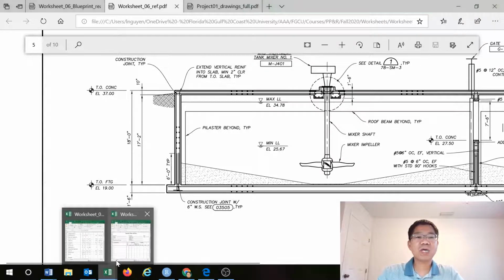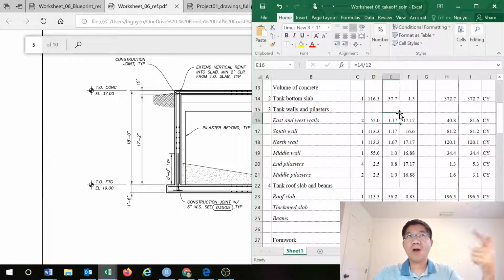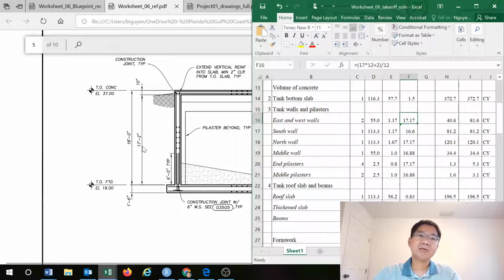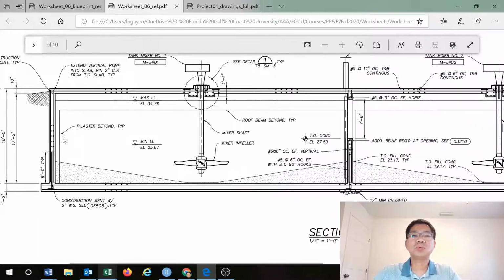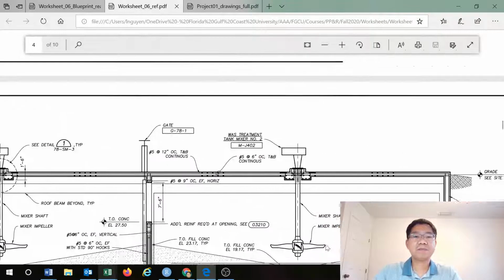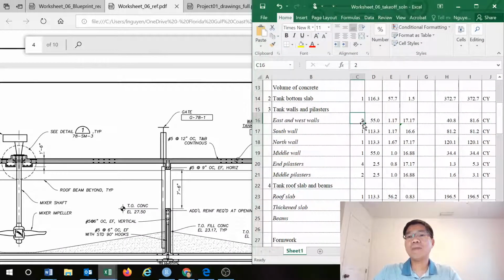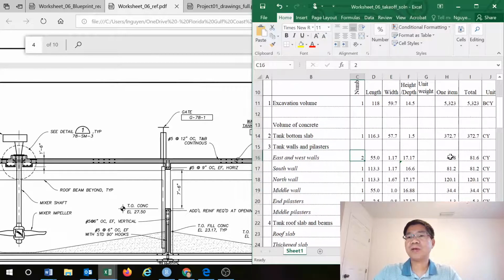So what we have in here is wall 55, 1 foot and 2 inches, and the height from here is 17 feet 2 inches, and there are two walls, that one here and the other side there. So that's why we have the two numbers repeated, so we get the volume for each item and for 2 items.